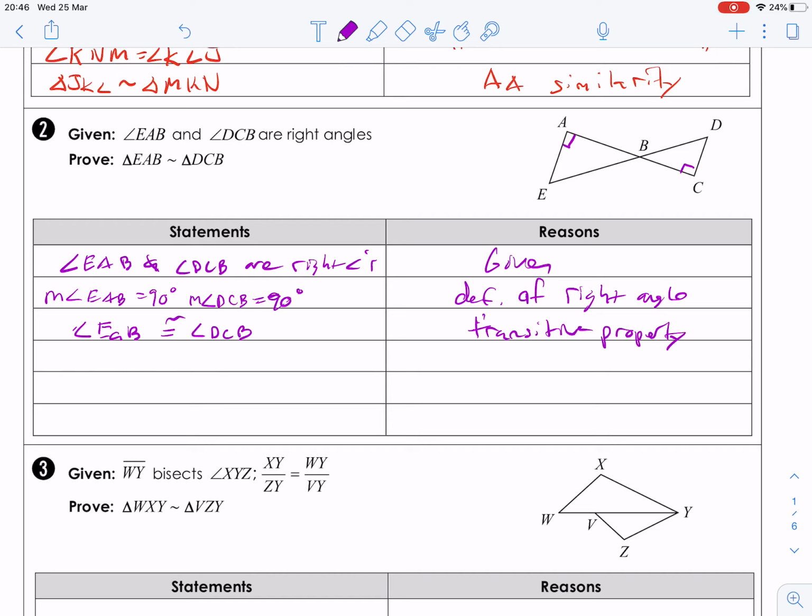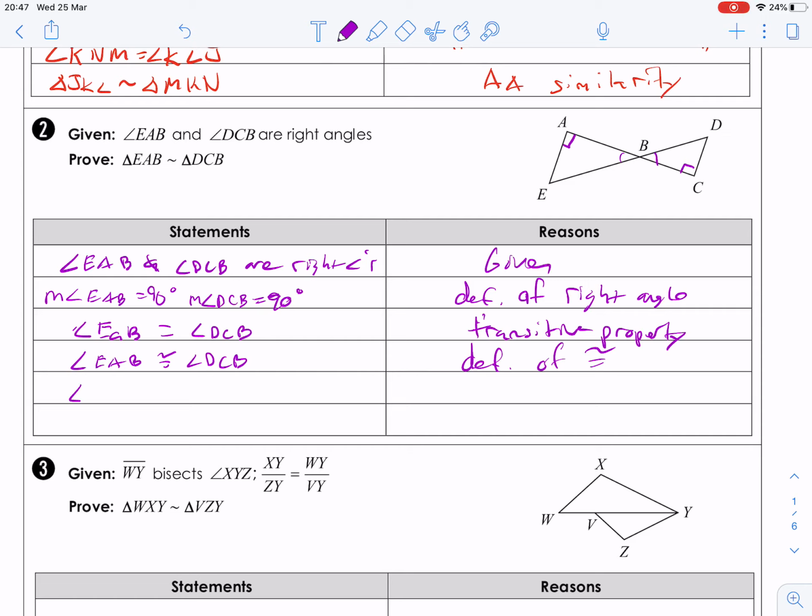All right. Technically, we have to say they're equal. Sorry. They're equal, and then we say they're congruent by the definition of congruence. All right, so we have one angle, and then we can say these are congruent.